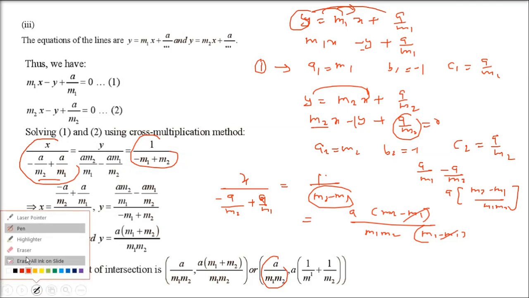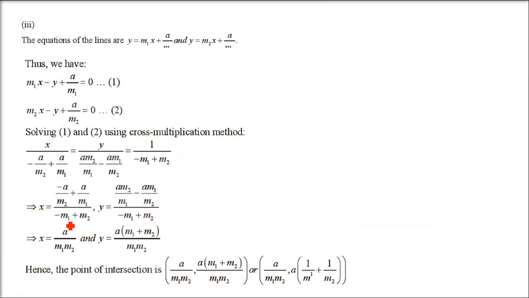Let me just first clear this so that we can go for the second one. Now we'll take the second and third. First let us solve this one. In the denominator you have m2 minus m1, and this one is a m2 by m1 minus a m1 by m2.